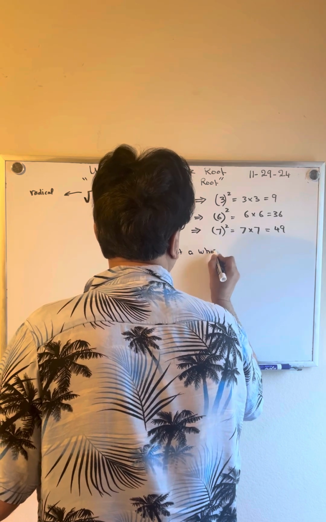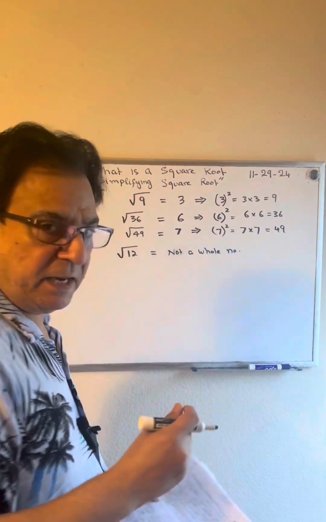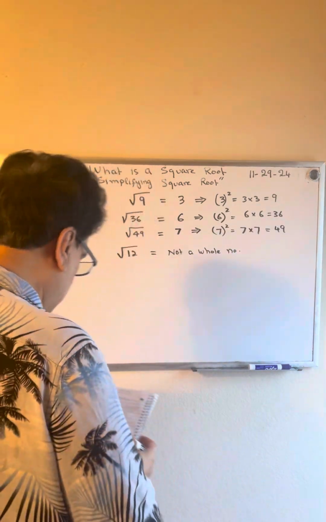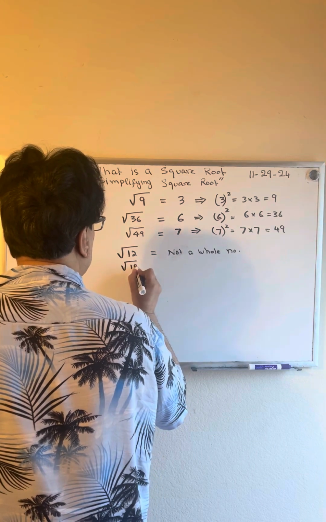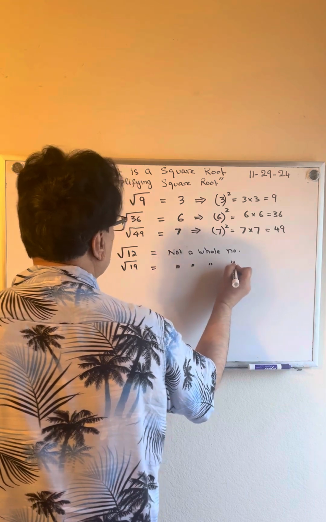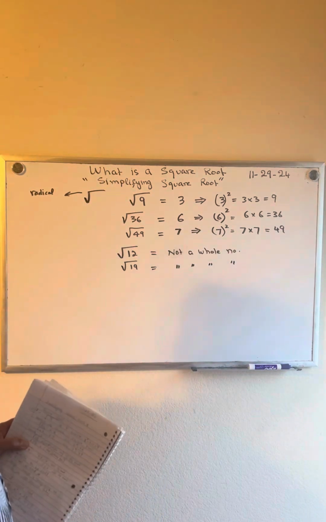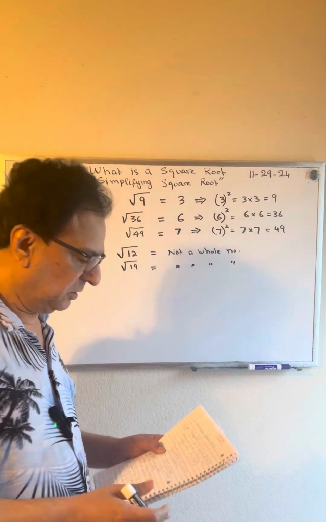So there are other techniques to find the square root of that, which I will get to later. Same thing with the square root of 19. This is also not a whole number. So you can't find the answer just in your head. You have to use other techniques.